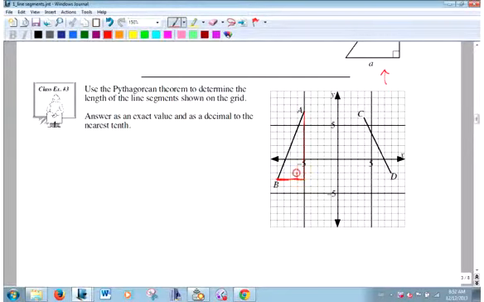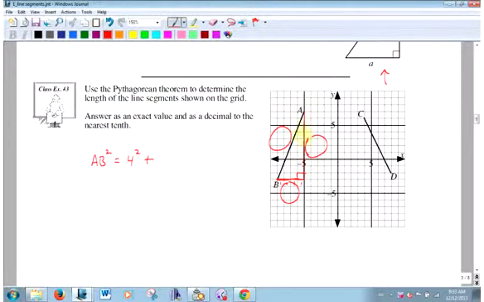Now I have one. There's my right angle. I know this squared plus this squared is equal to that squared. They want to know what this is. AB. That's the hypotenuse. So that squared is this squared. What is this? 1, 2, 3, 4.